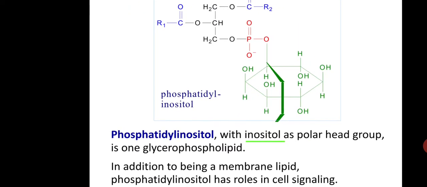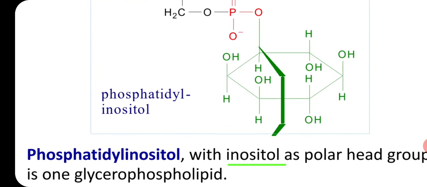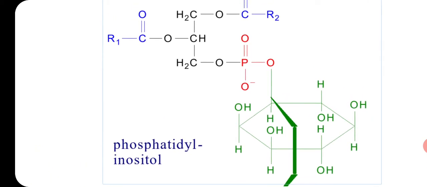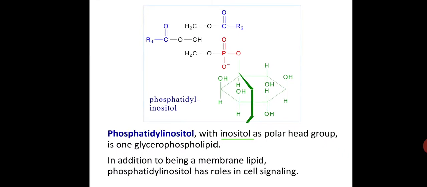You just see that X is replaced by inositol. It is just like a glucose molecule, if you remember the beta structure of glucose, so it resembles inositol. When inositol replaces the X position, it is called phosphatidyl inositol, right?